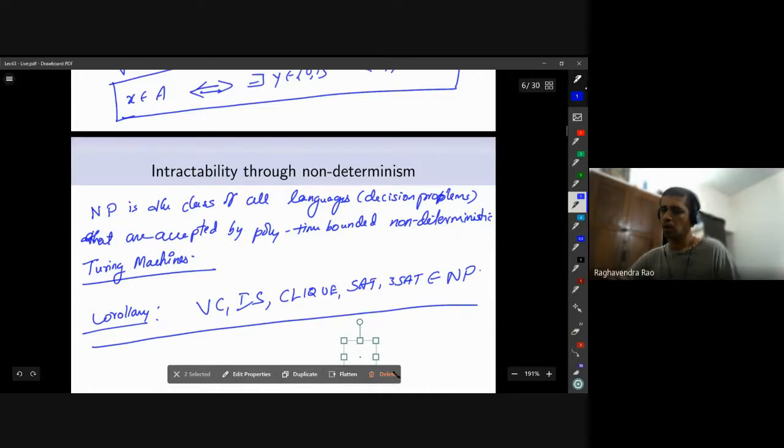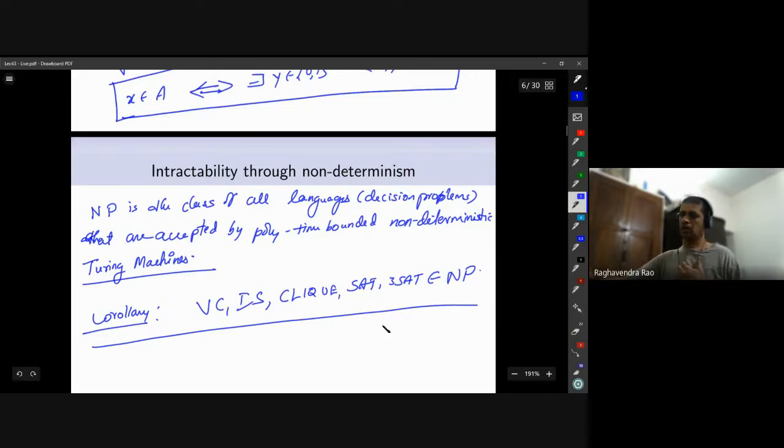Now, one question people try to address is, okay, it looks like at least 3 or 4 problems, but not only them, there are lots of other problems which also satisfy a similar property. They're also in NP. So people try to see what the structure is, and what is the hardest among them.